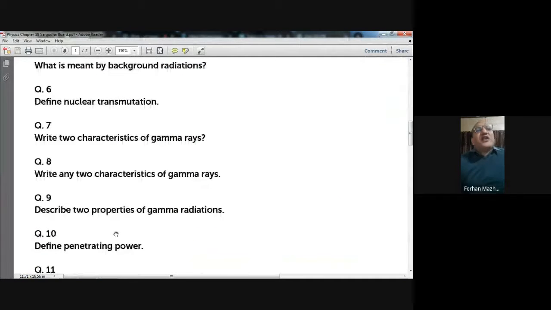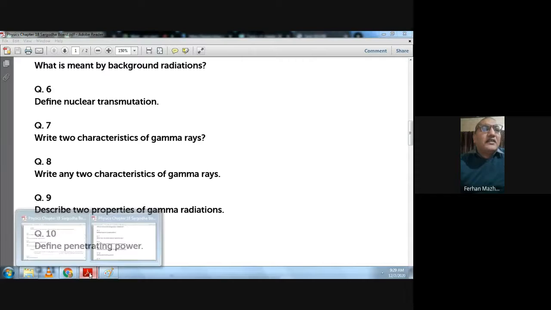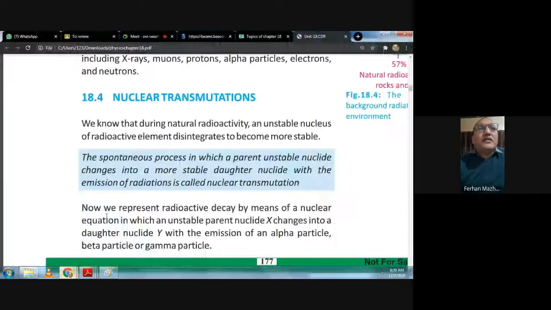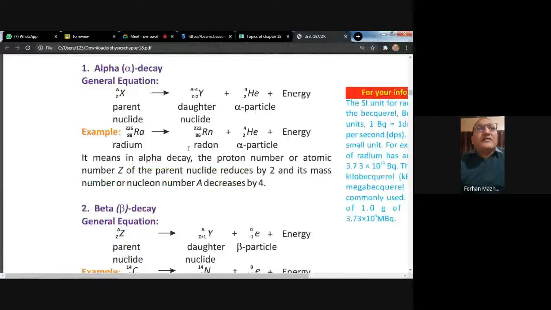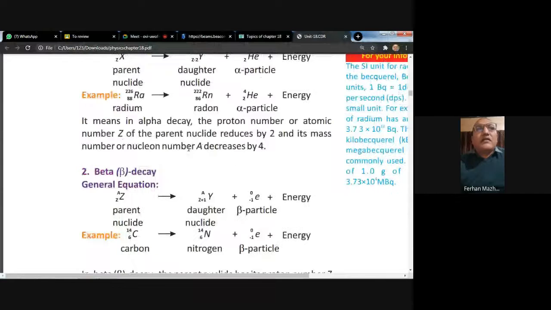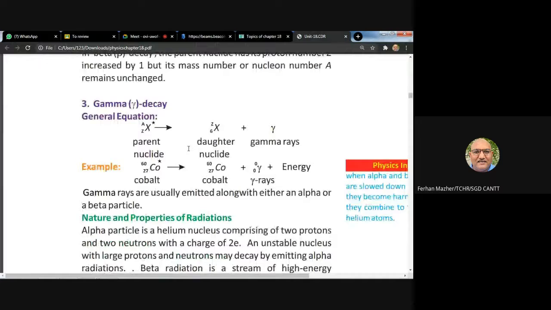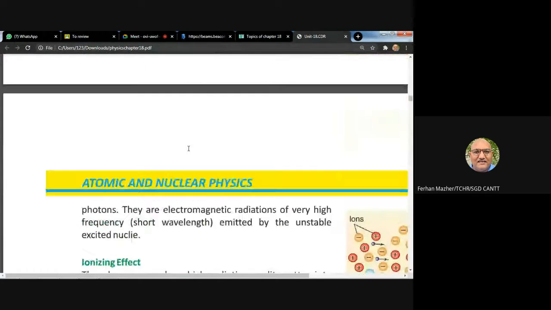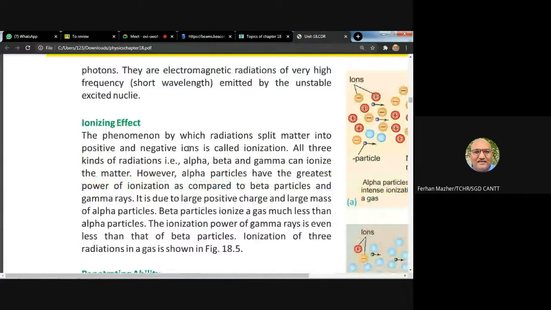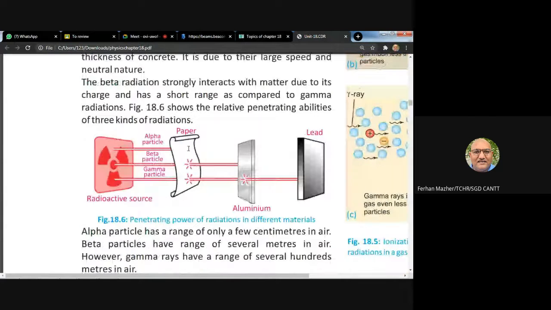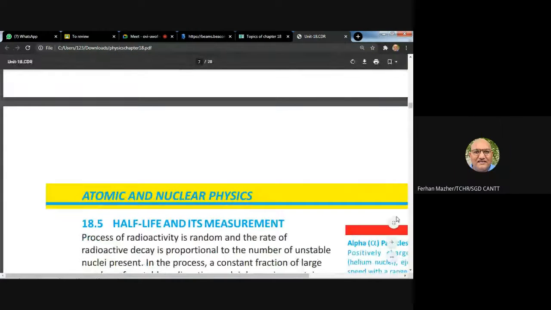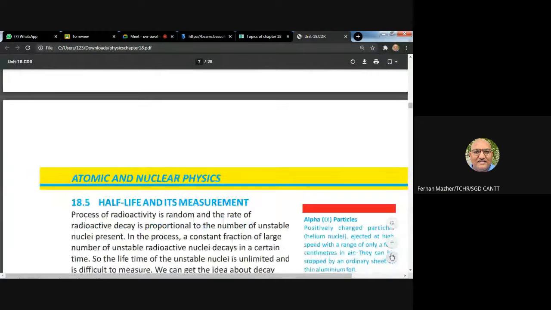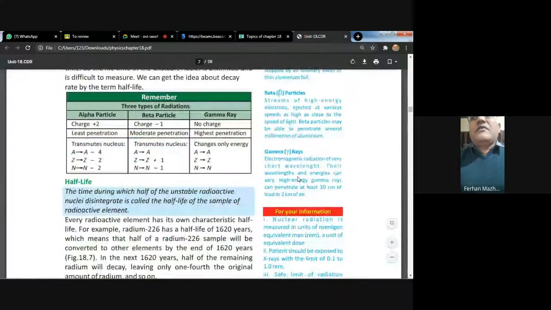The next question is write two characteristics of gamma rays. Two characteristics of gamma rays. Okay, let's see, very easy. Gamma rays are... here we go.